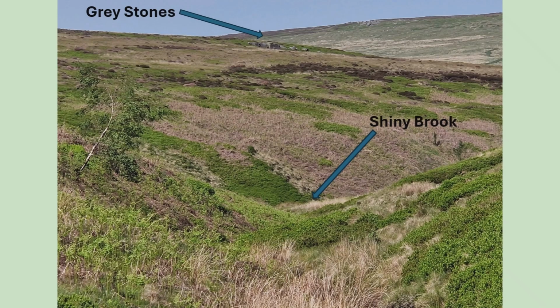The photograph shows the view they would have had from Hoe Grain just before they got to the T-junction with Shiny Brook, where they would turn right to get to the sheep pen area. Greystones is directly in front of them on the side of the hill, and quite a noticeable feature. Brady had what he called a pantheistic fascination for rocks and would no doubt have been drawn to it.